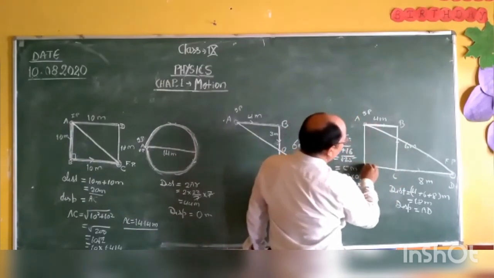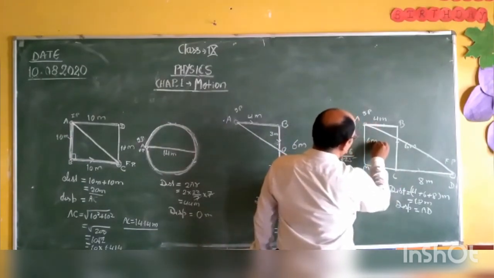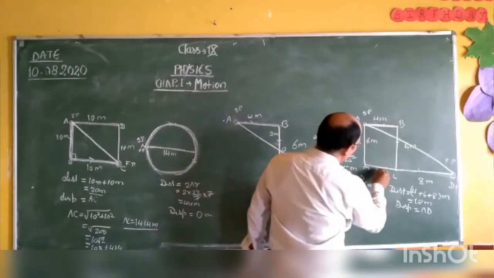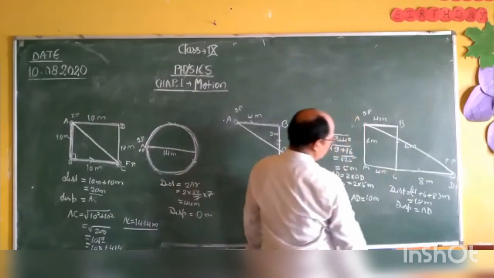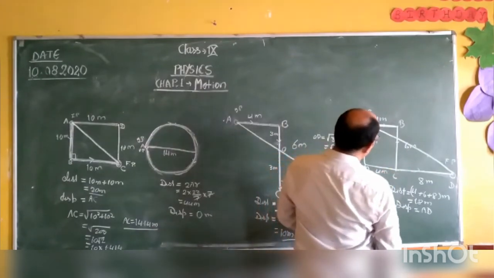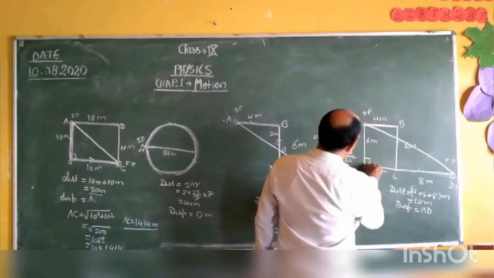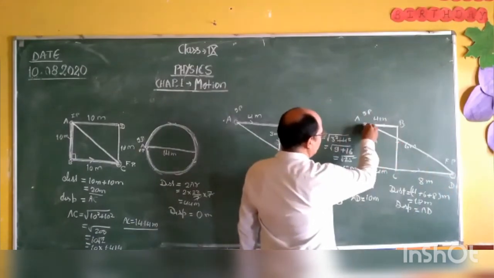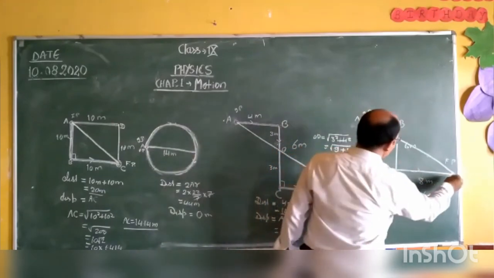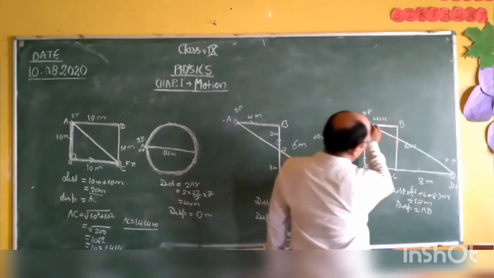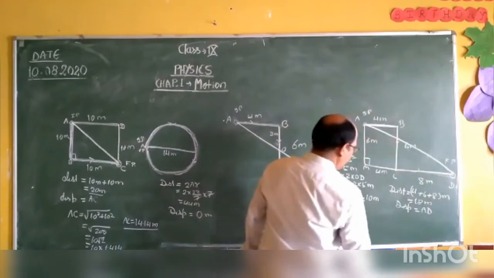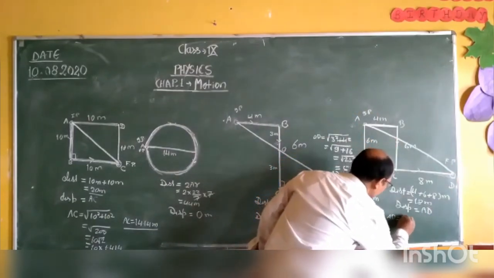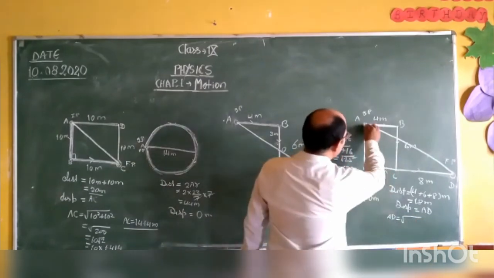The AM will be 6 meter because it is a rectangle, and the MC will be 4 meter. So by using Pythagoras triplet in right triangle AMD, we have to find AD.